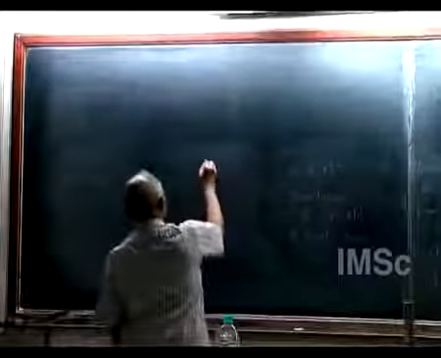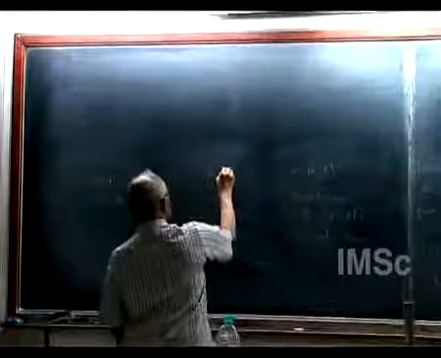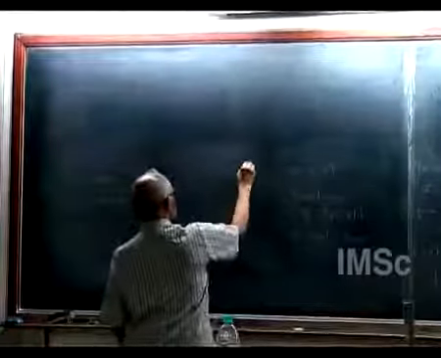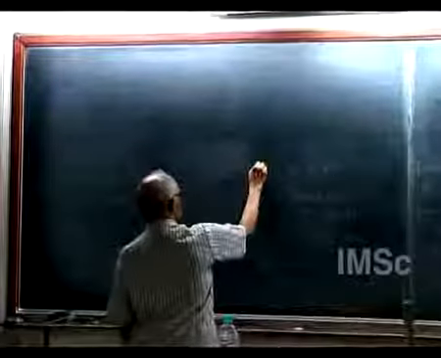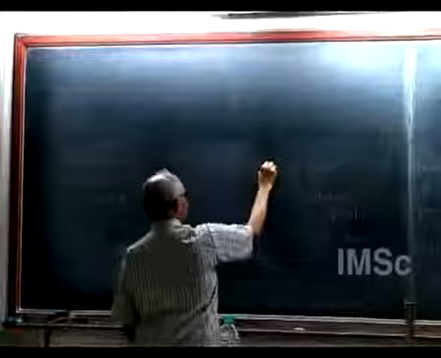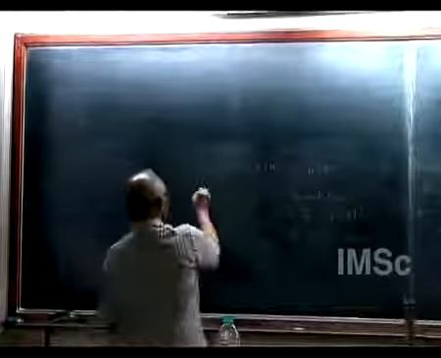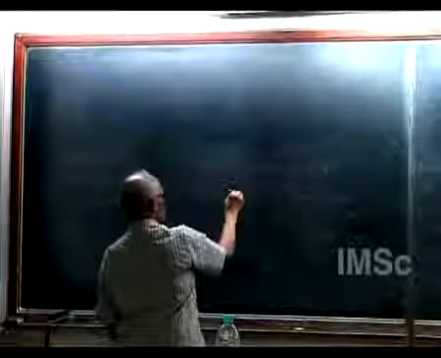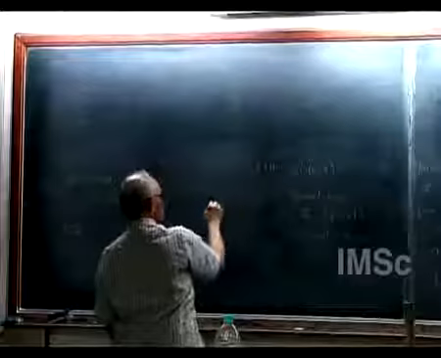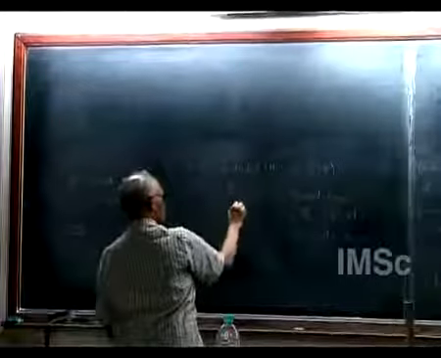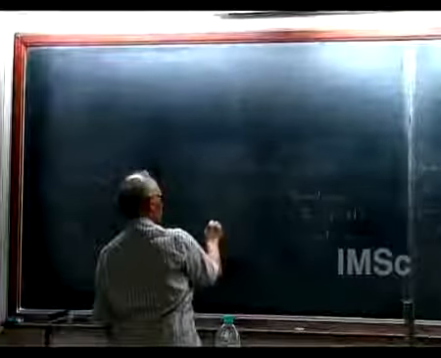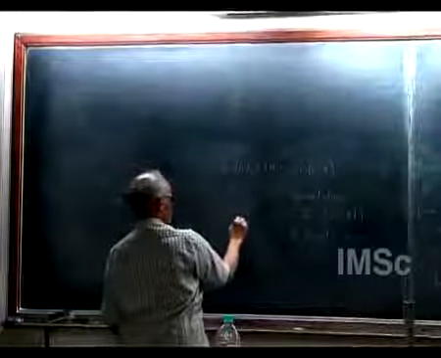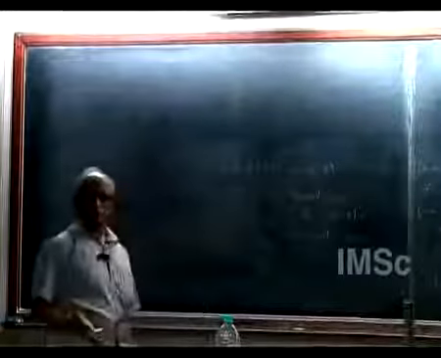If g1, g2 belong to gH, then there exist h1, h2 such that g1 is gh1, g2 is gh2, by definition.